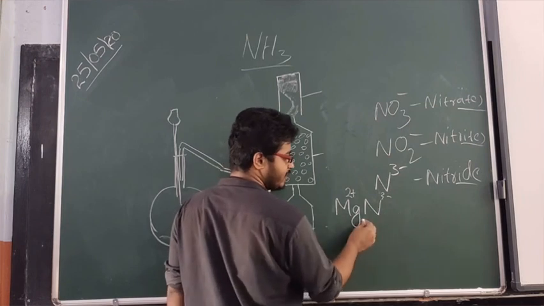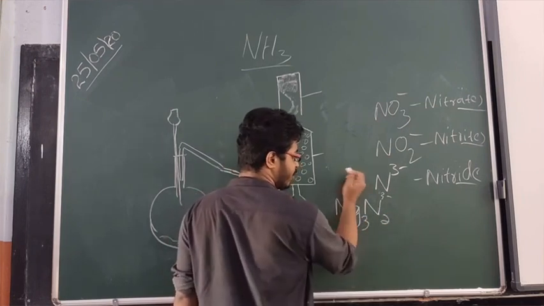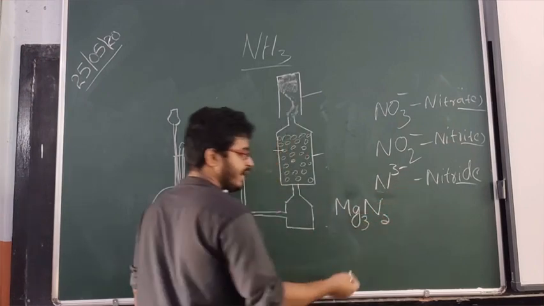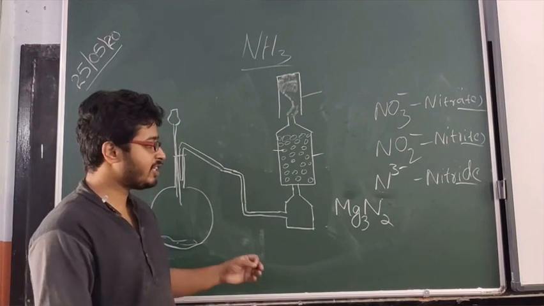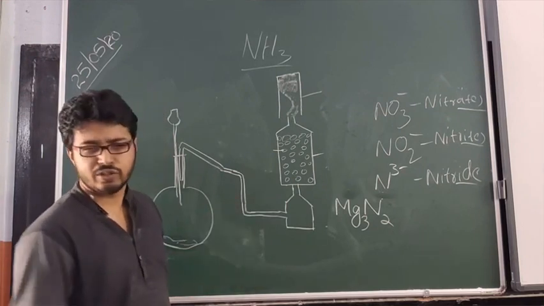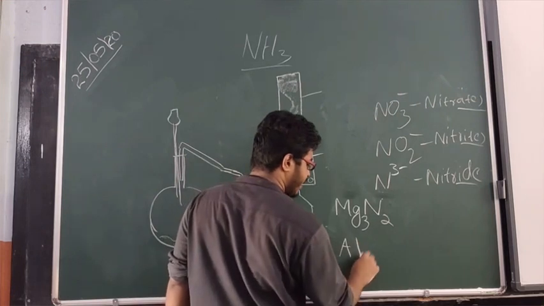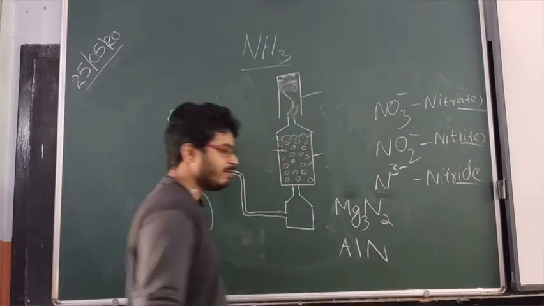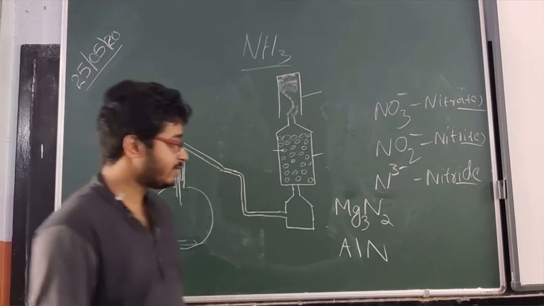If you do the criss-cross method, you will get 3 here and 2 here. So the product is Mg3N2, magnesium nitride. Other than that, you have already studied AlN, aluminum nitride, in your 9th class.